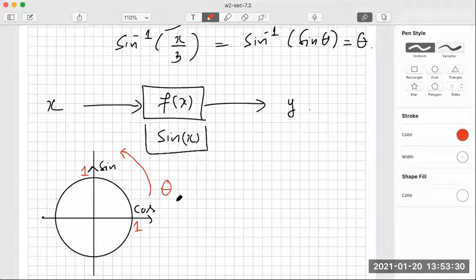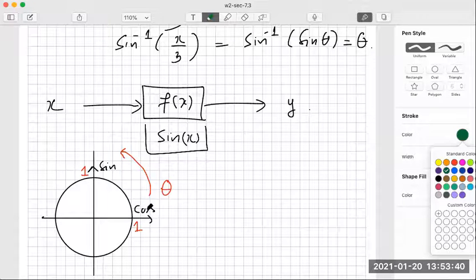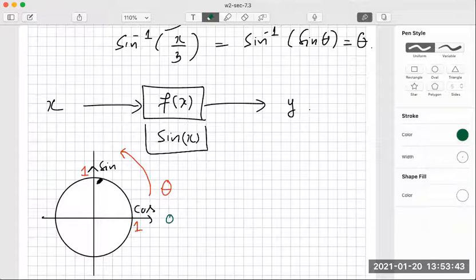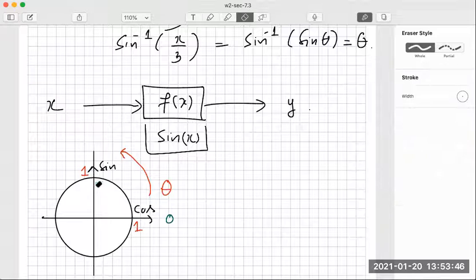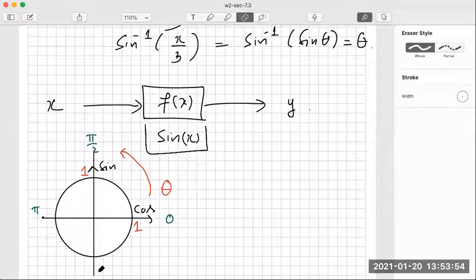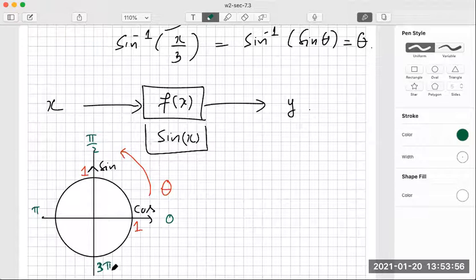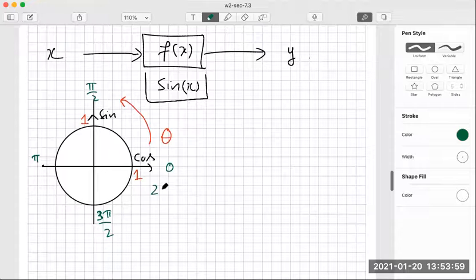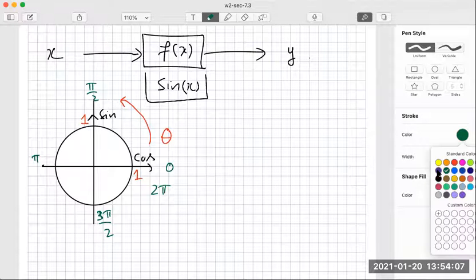It is the positive direction of the angle. The angle starts with 0. Angle 0 is right here, and this is pi over 2. This is pi. This is 3 pi over 2. This is 2 pi, and so on and so forth. Okay?